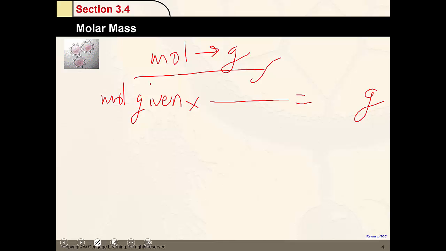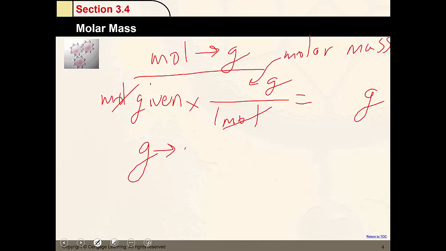So the molar mass goes here, because it's grams per 1 mole of what's given to us. So moles to grams, you're multiplying by molar mass. Grams to moles.